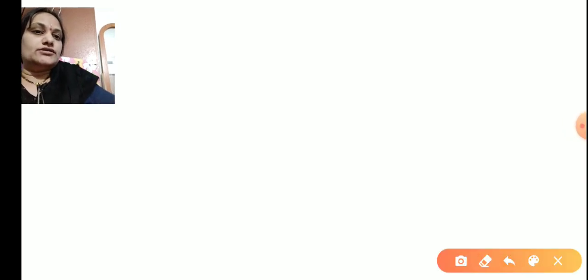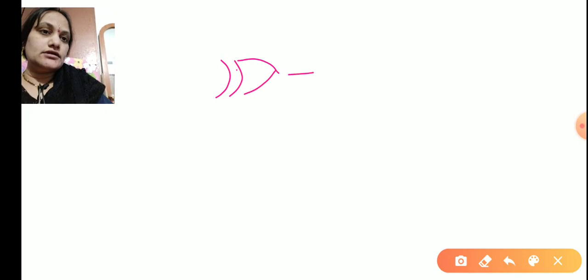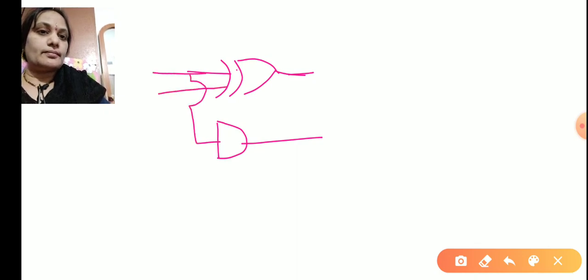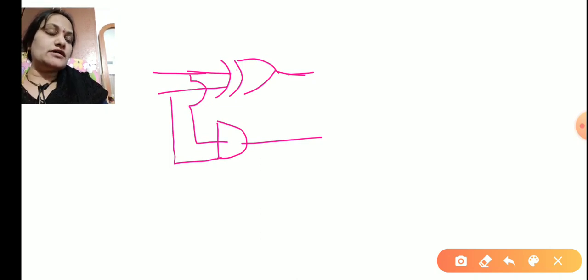Take the first half adder: XOR gate and AND gate. This is the first half adder, and now you draw the second half adder like this. All of us know that a half adder contains an XOR gate and an AND gate.